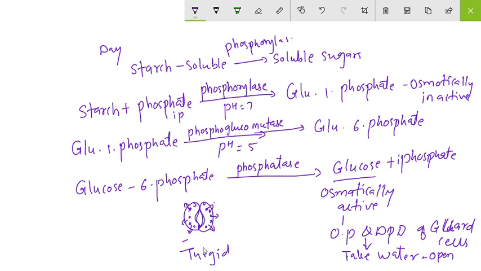But later on, what happens? According to Steward, particularly during the night time, glucose plus ATP, so respiratory energy is required here, and for that purpose oxygen is also required.